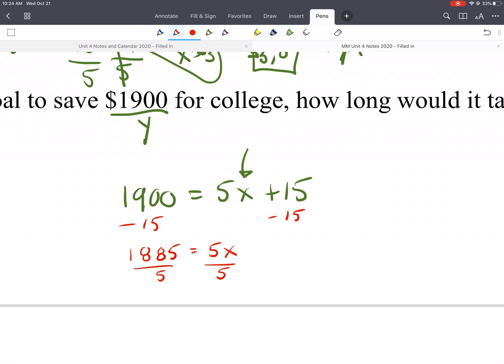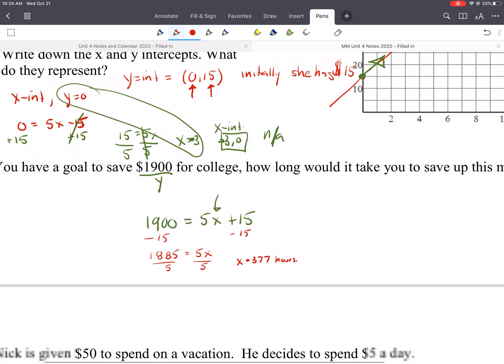So you get your calculator out. And you'll get something like x is equal to 377 hours. So if you wanted to save that much money, you would need to babysit 377 hours.